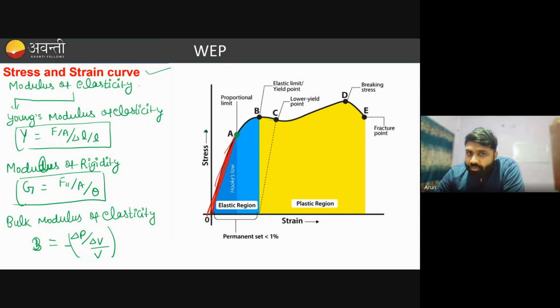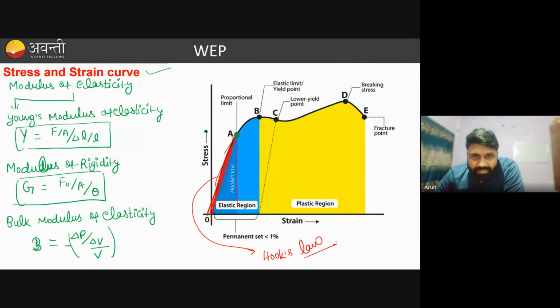So from here you can easily say that stress is linearly proportional to strain, which is conveyed with the help of Hooke's law. So Hooke's law says that in the region of elastic limit, the stress is directly proportional to strain. And here we can see that this curve up to point A is following Hooke's law.